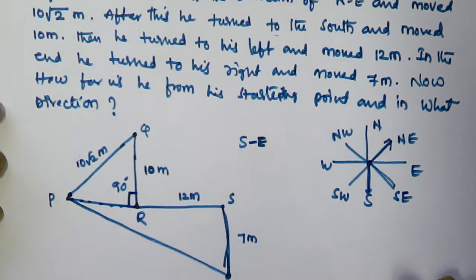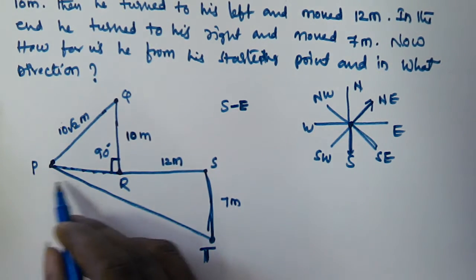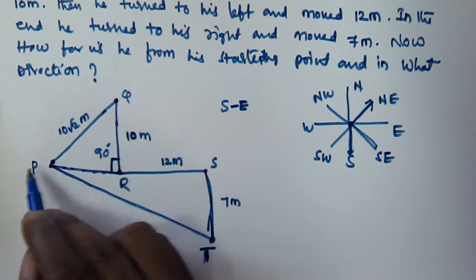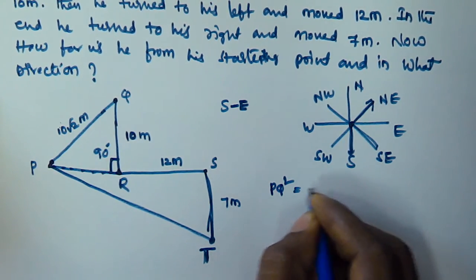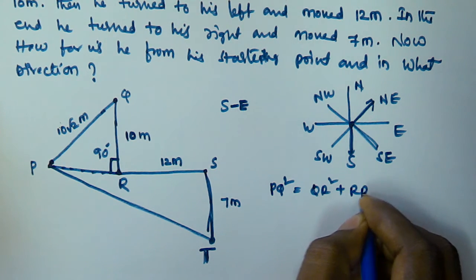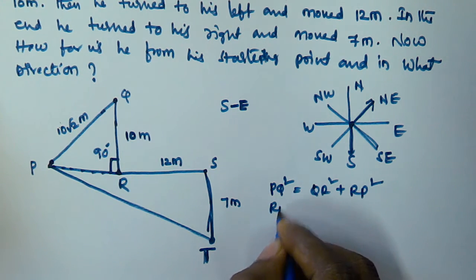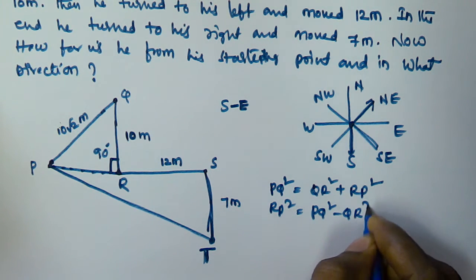So when we know this length and this length, by using the Pythagoras theorem, we can find the length of PT. So from this PQR triangle, we have PQ square is equal to QR square plus RP square. So RP square is equal to PQ square minus QR square.